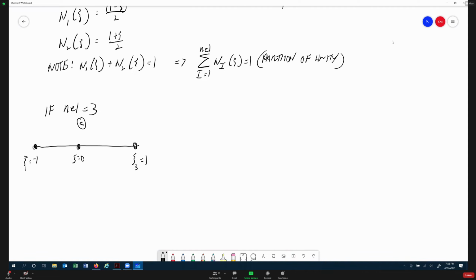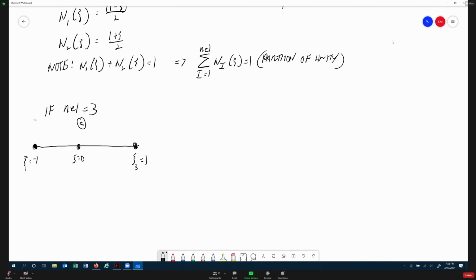So these shape functions end up looking different because we have to go from the value of 1 at -1 to 0 at 1.